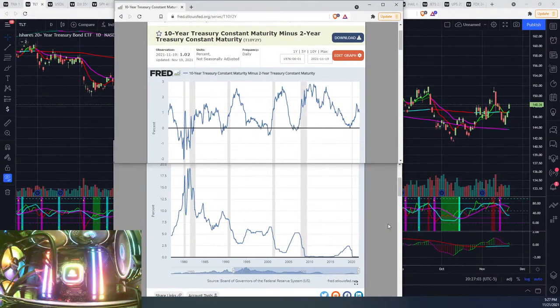Because if somebody tells you, hey, I'll give you 1% if you lock your money up for 30 years, and then something changes and you can get that same risk asset, so not just some junk bond but still a government treasury bond, and now you can get, let's say, 2% to lock it up for 1 year.